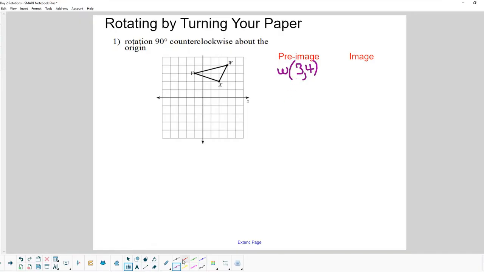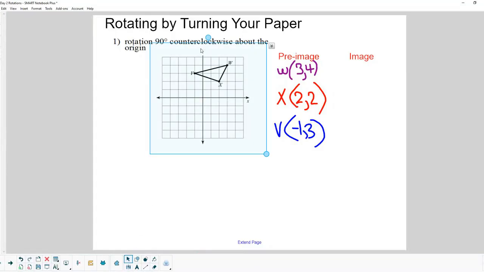Point X is at (2, 2). And point V is at (negative 1, 3). So that's the pre-image. Before we do anything to it, that's where this shape is located.